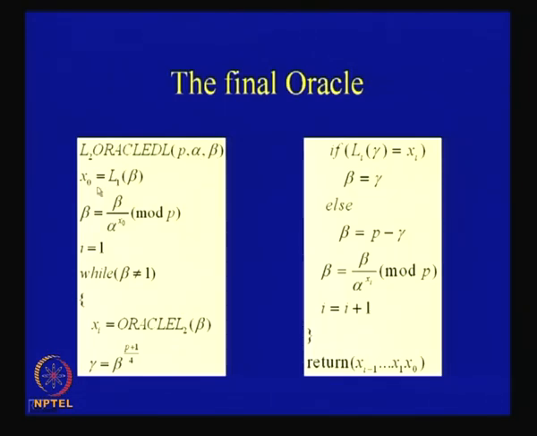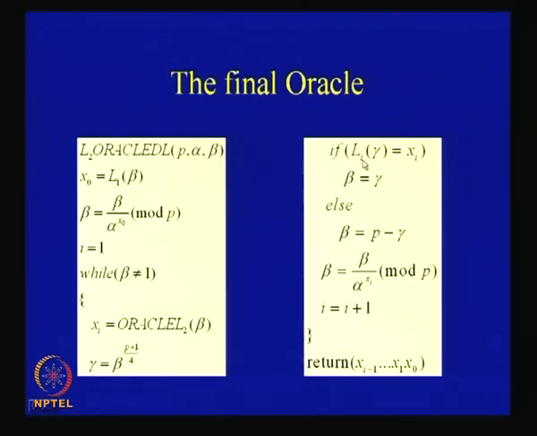So what I first do is obtain the value of x0 by computing L1 beta. Then I compute beta equal to beta divided by alpha to the power of x0 modulo p, because I already know the value of x0. Then I start a running index i equal to 1, and while beta is not equal to 1, we calculate xi, which is what oracle L2 beta returns, and compute the value of gamma as beta to the power of (p+1)/4.